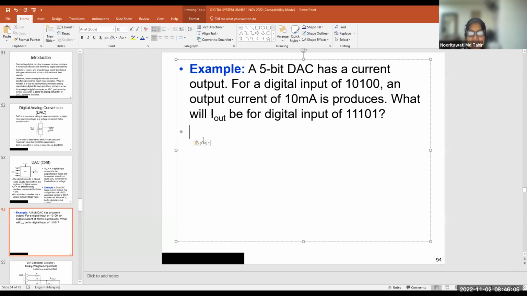Okay, so kita akan tengok, I akan pakai color lain so that you know that is the answer ya. So 10100 is equal to berapa? 1, 2, 4, 8, 16. 20 kan? 20 of 10 lah ya.